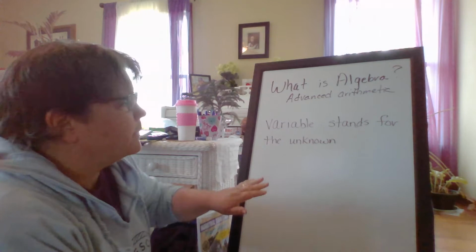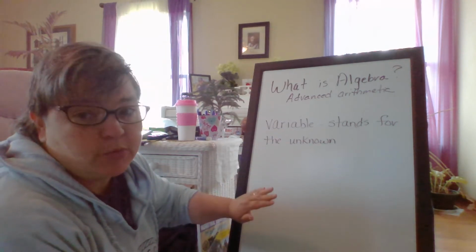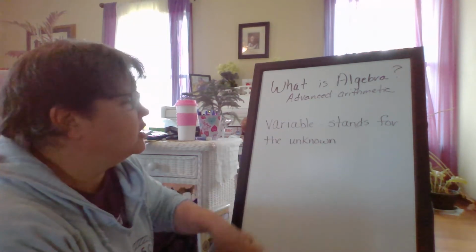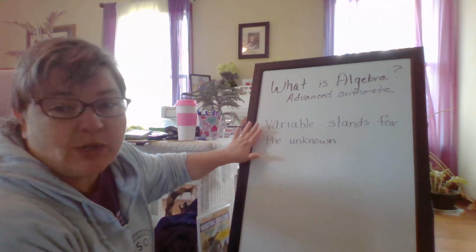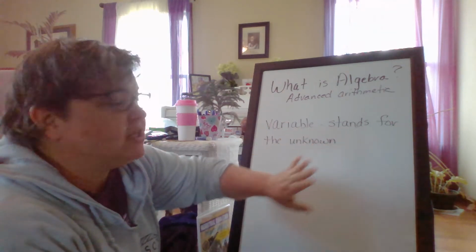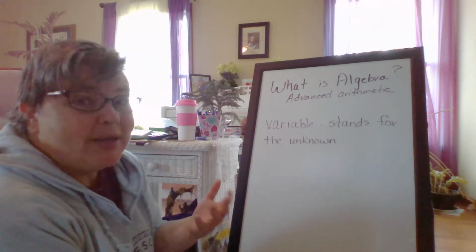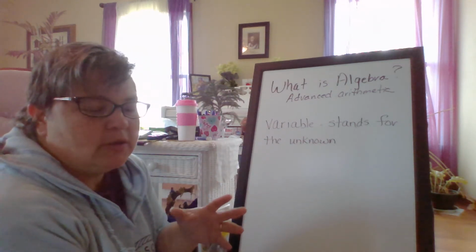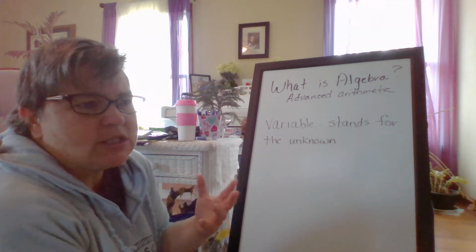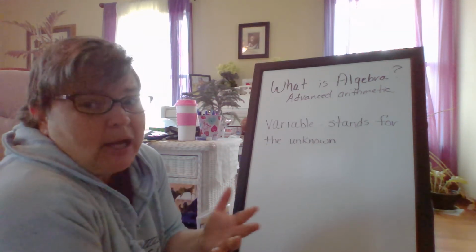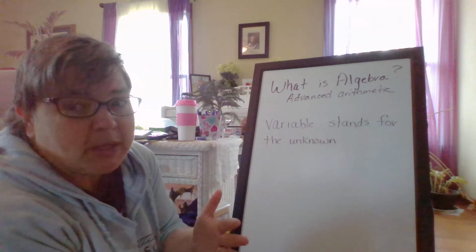Okay, you're going to hear the word variable when you do algebra. What does the variable mean and what does it stand for? A variable stands for the unknown. It's the thing that we don't know that we want to find out. Now in algebra, this is where people make these comments. Well, when you start mixing the letters with the numbers, then you lose me.